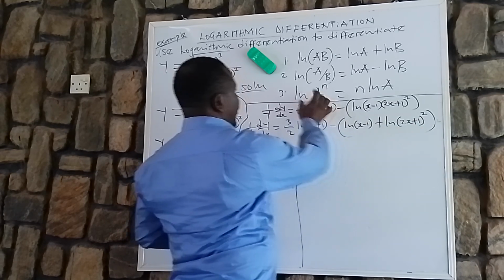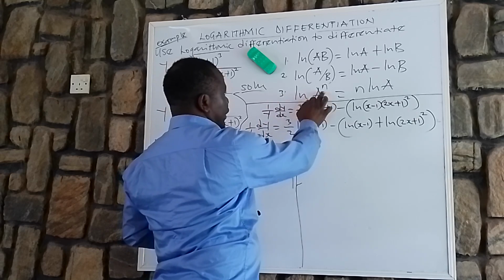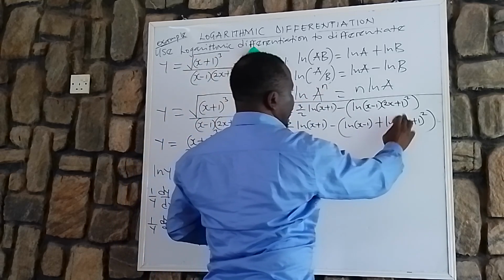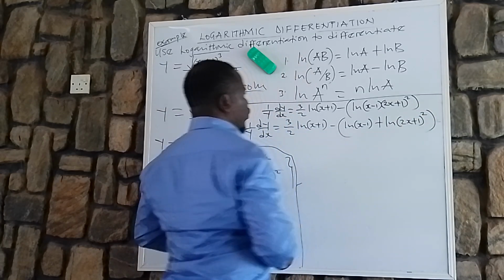Then look at one of the functions here. We discovered that we need to apply the third law here. Look at it: ln a raised to the power n, ln (2x + 1) raised to the power 2.